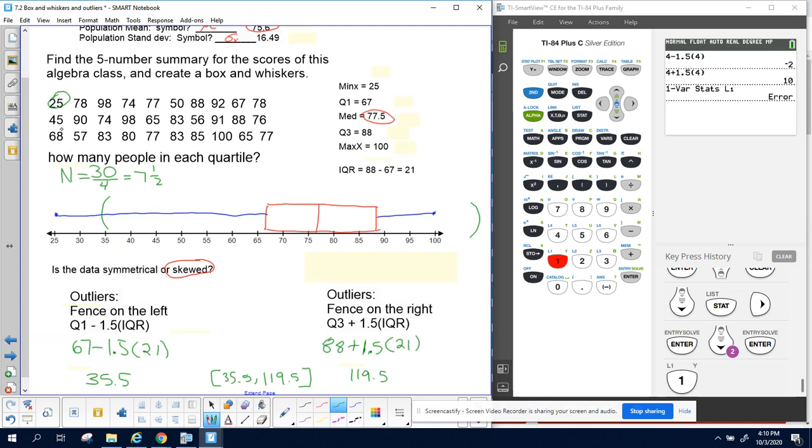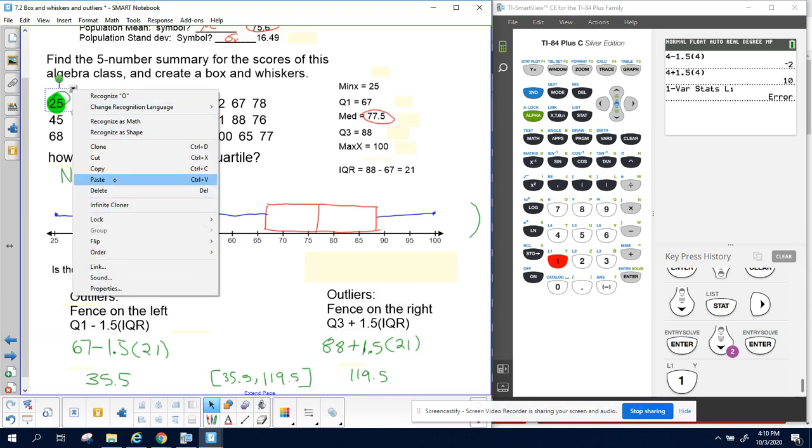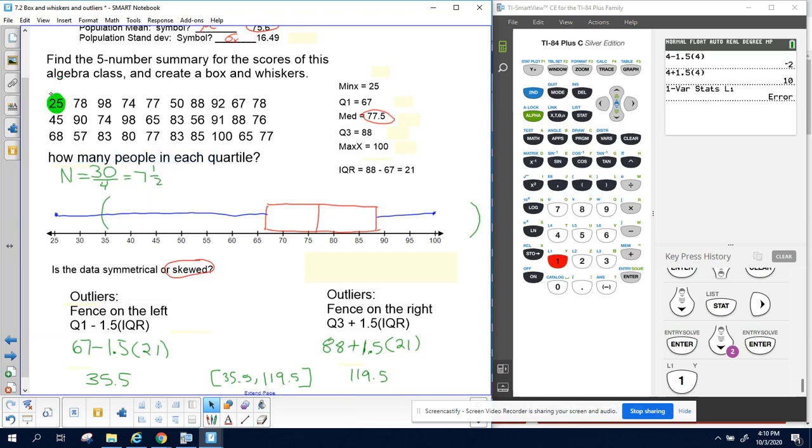So if there's a specific reason why that student did score that low, it might not be something I want to consider as far as improving my teaching might go, or reporting that information to other teachers. An outlier can be kicked out if you have a specific reason why you shouldn't be putting that number in there.